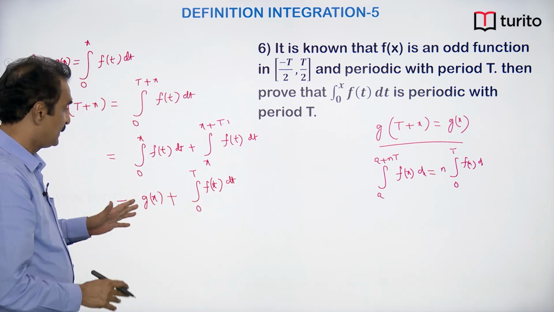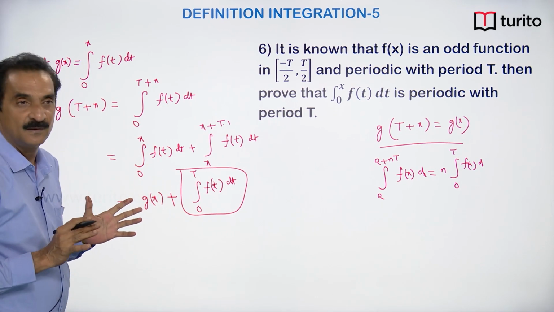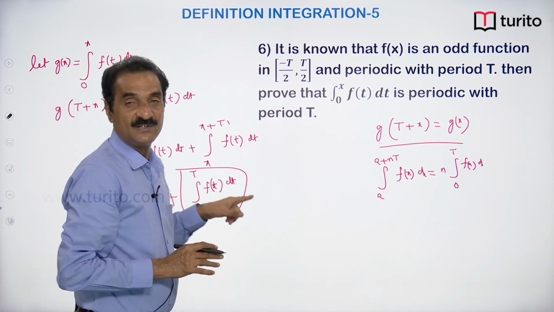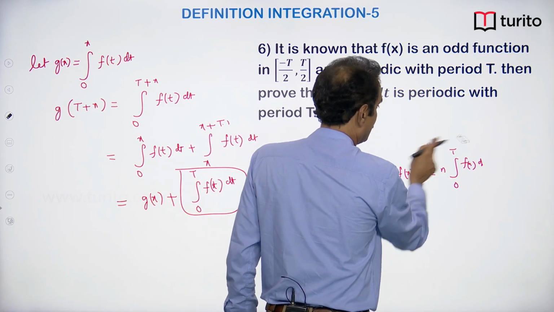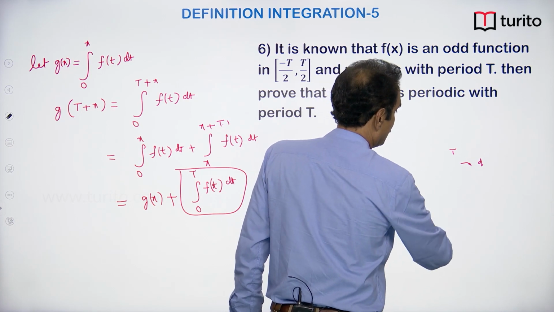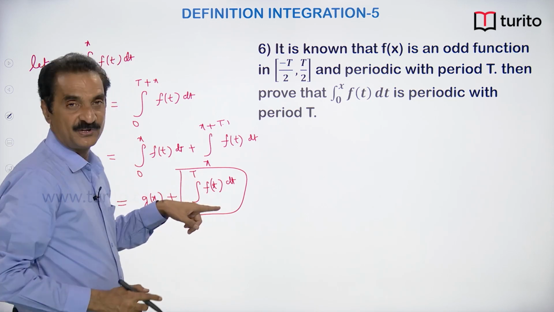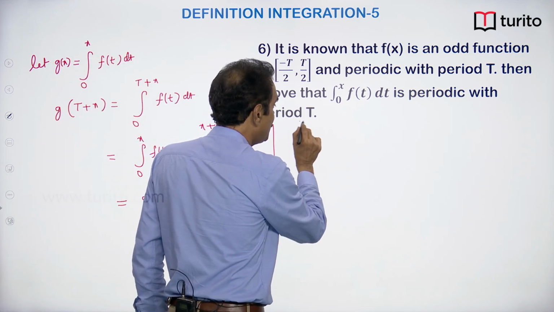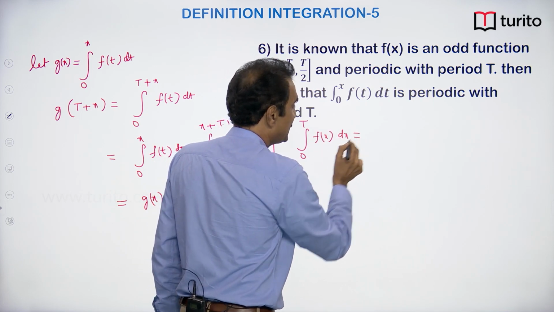Now, if we can prove that this is 0, that is enough. So, I am going to prove that this integral is 0. I will do it separately. The integral 0 to T f of x dx.